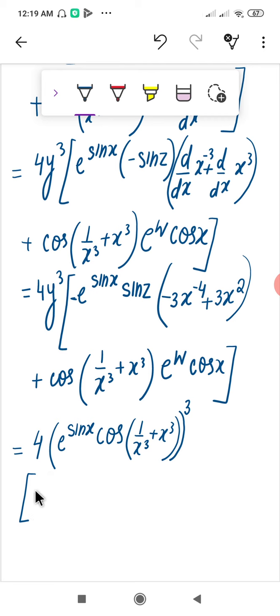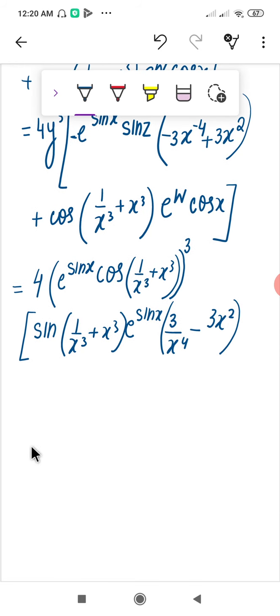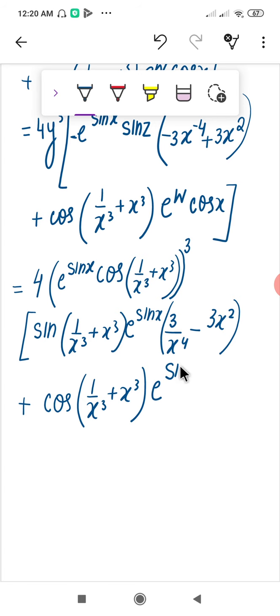So you will have sin, and do you remember what it is? 1 upon x cube plus x cube, sin z e to the power sin x, then the minus sign is inside the bracket, so it is 3 upon x to the power 4 minus 3x square, plus the next term cos 1 upon x cube plus x cube, and we have taken w as sin x, then cos x. This is the answer.